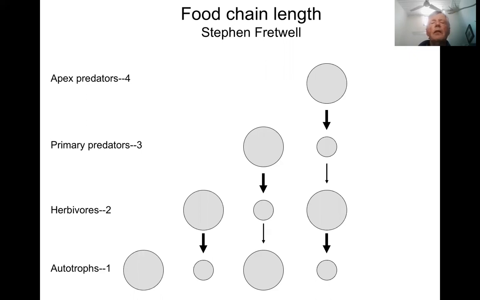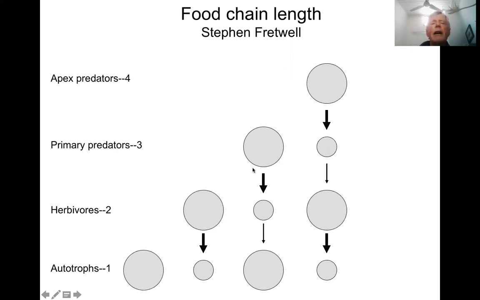So the Hairston, Smith, and Slobodkin notion was embraced by this three trophic level system where we have predators, herbivores, and plants. And in this three trophic level system, the abundance of predators limits the abundance of herbivores and thus releases plants from being limited by herbivory.